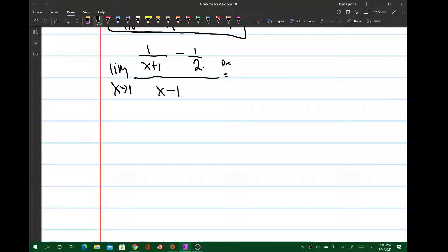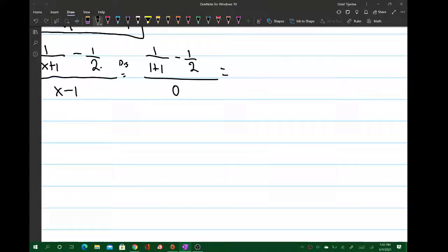Of course, by direct substitution, you're going to get 1 over 1 plus 1 minus 1/2 all over 0. This is going to give you 1/2 minus 1/2 over 0. This is just 0 over 0.